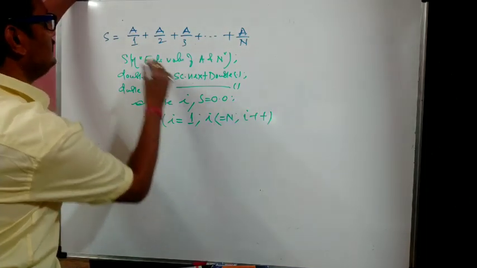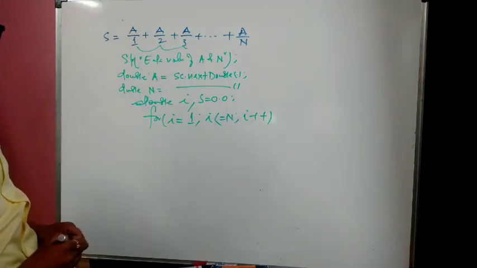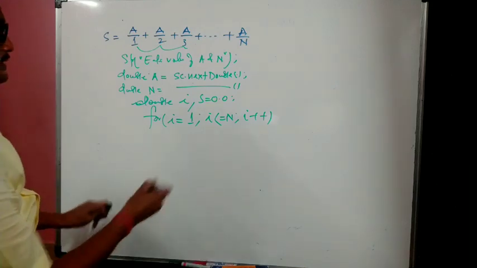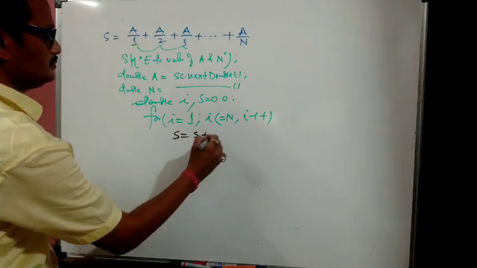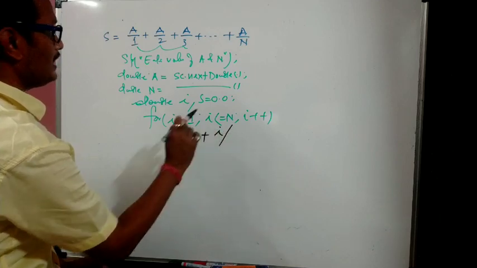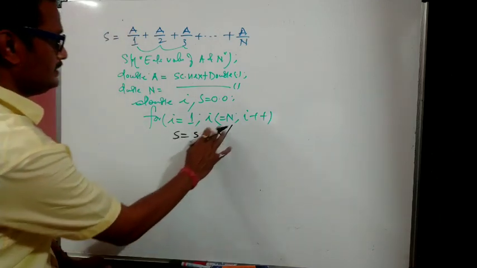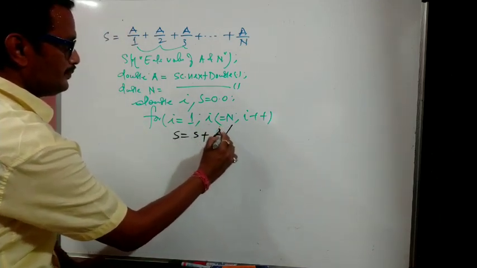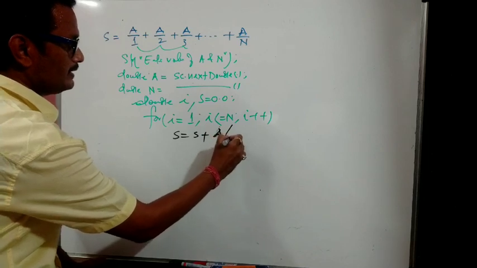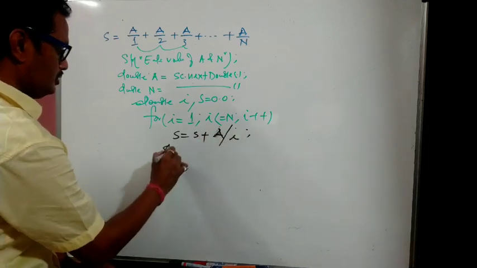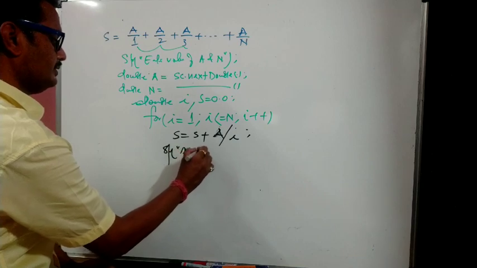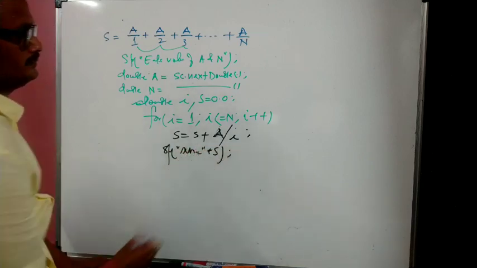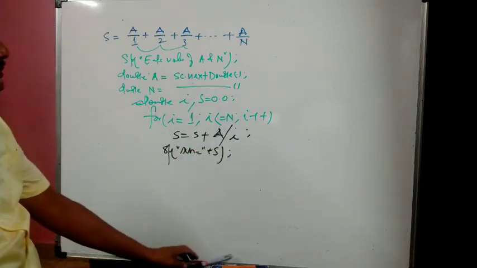Increment is what? Increment by 1. And here you write s is equal to s plus a by i. A is common, so here write a by i. Outside of the loop you write sum is equal to this. It will display the sum of the series.